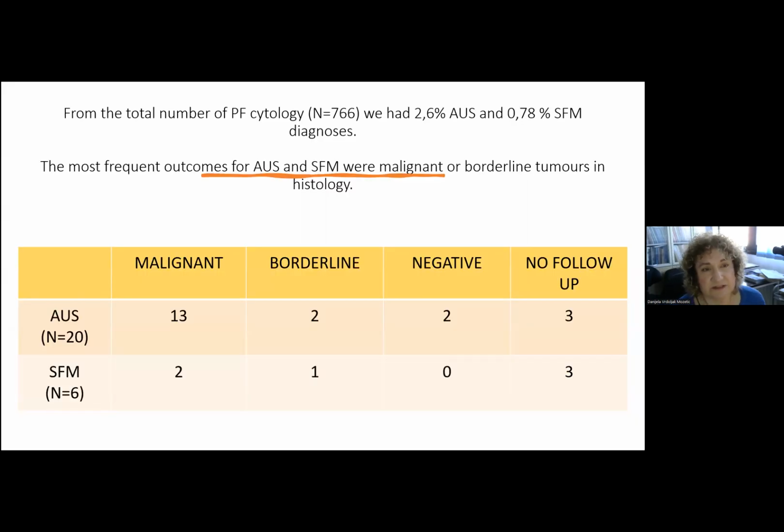So we looked further at the categories of atypical and suspicious. The most frequent outcomes for atypical and suspicious findings were finally malignant or borderline tumors in histology. So these findings are really serious and have to be taken into account by clinicians.